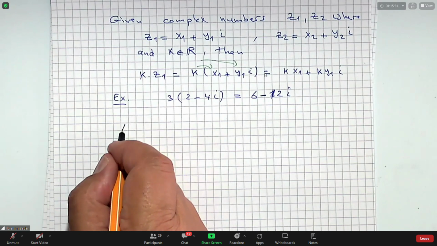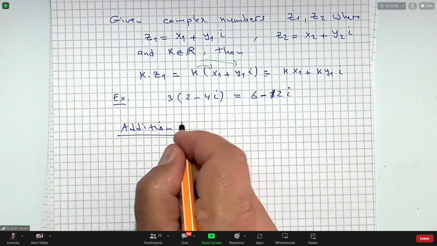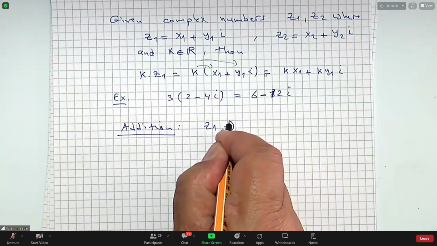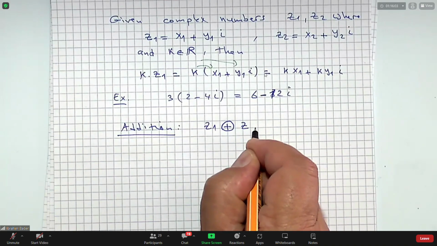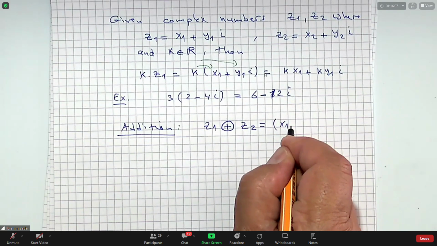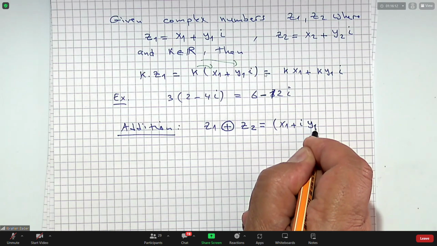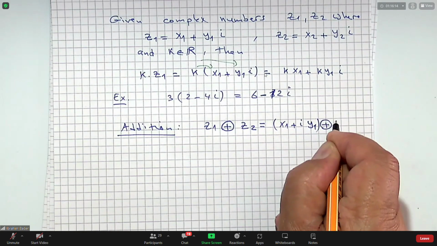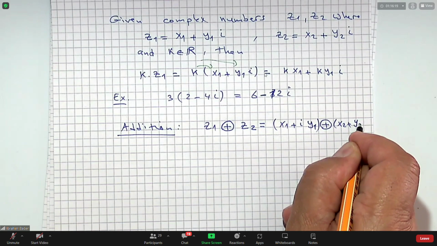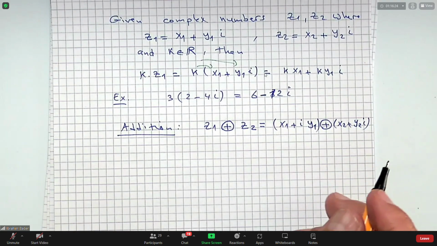Now, addition. Maybe here at the beginning, I'm just going to distinguish addition. So Z1 plus Z2 means X1 plus I times Y1, plus X2 plus Y2 times I. Sorry, I just placed this I here in the back, it doesn't make a big difference.